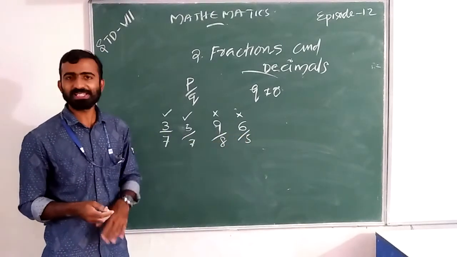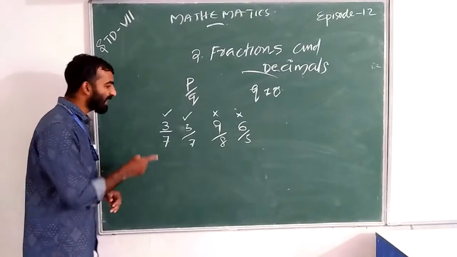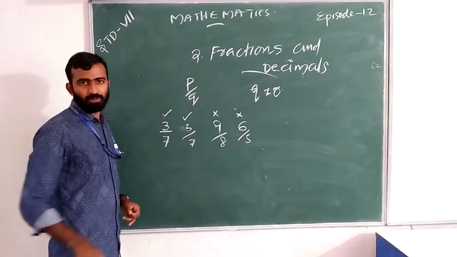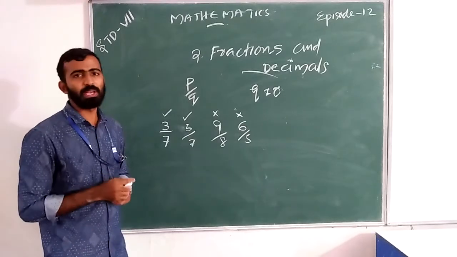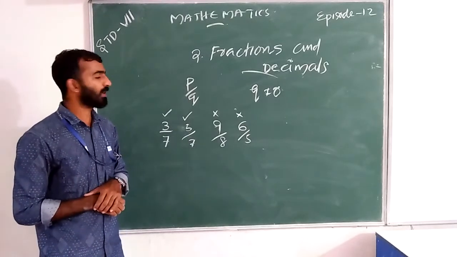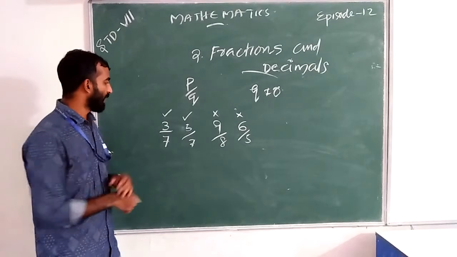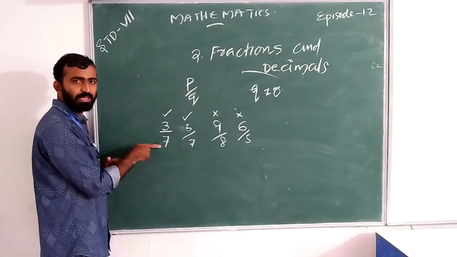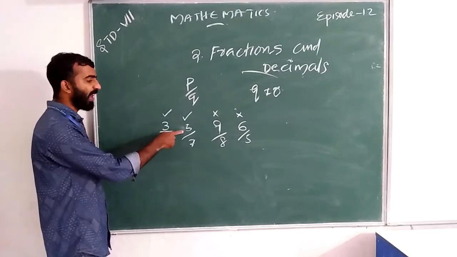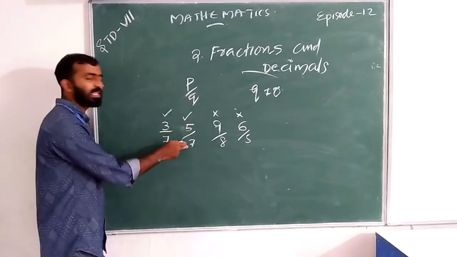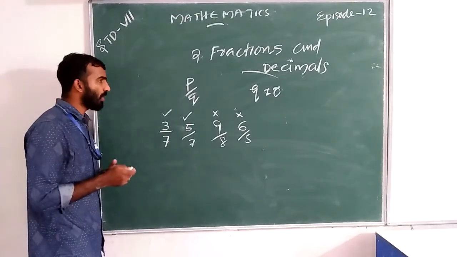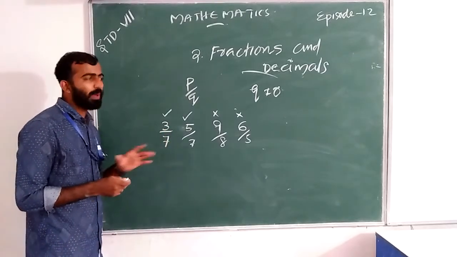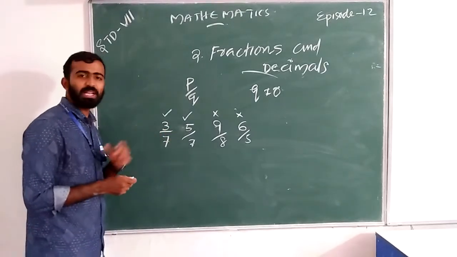In a fraction p by q, p is called the numerator and q is called the denominator. Here 3 is numerator and 7 is denominator, and here 5 is numerator and 7 is denominator. So when we compare numerator and denominator, what do we get?